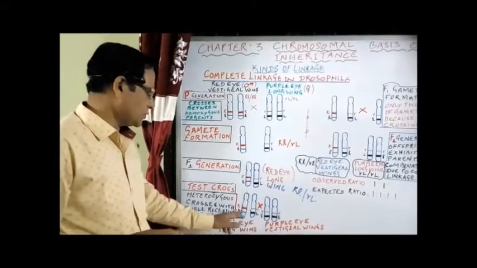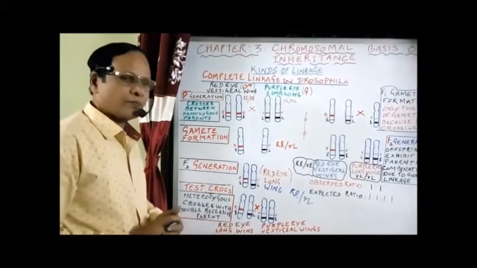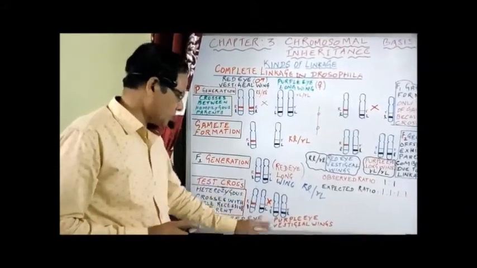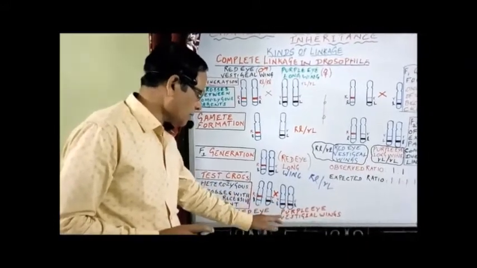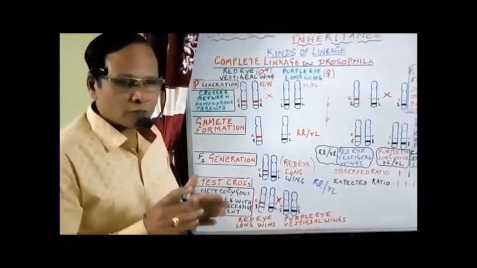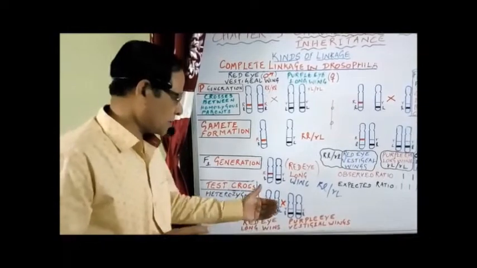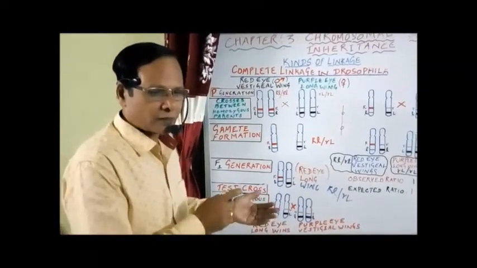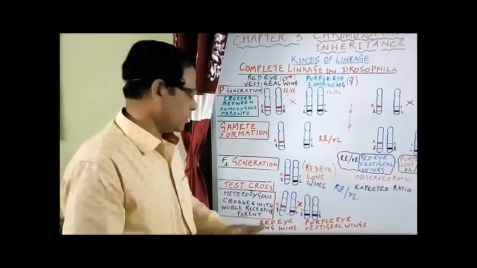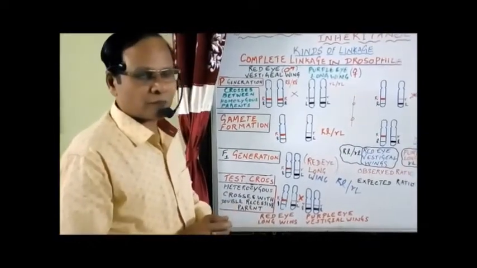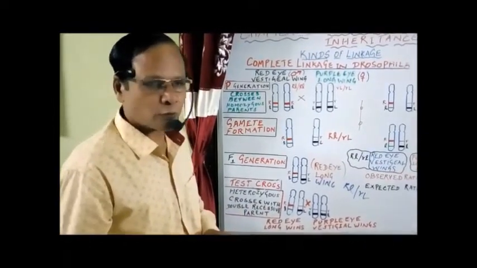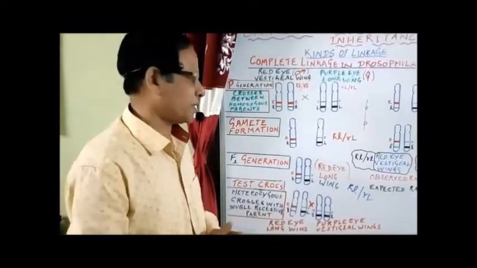Here the F1 individuals are red eye with a long wing, and the double recessive parent, you know, has purple eye and vestigial wing, because these two are the recessive characters. As we have two recessive characters, the parent is called the double recessive parent. Now it is a test cross, crossing F1 heterozygous individuals with a double recessive parent.